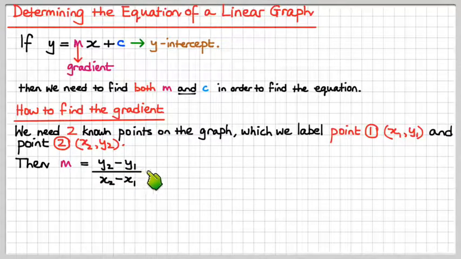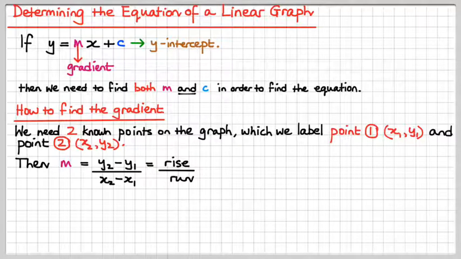Before I go any further, yes, you can say y1 minus y2 over x1 minus x2. It makes no difference. It'll all come out in the wash, as my mum used to say, and it'll work. But you have to be consistent: if you put 2 and 1 here, you must put 2 and 1 here, and don't mix them up. You'll mess it up if you do that.